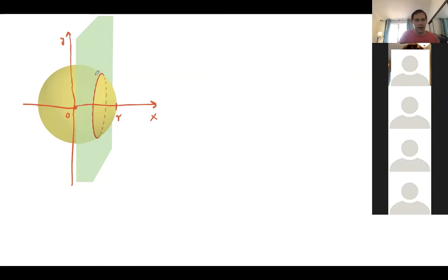And now I am looking at the corresponding cross section. Okay, question for you. Let's fix some point x in between 0 and the radius. So here's 0, and here's the radius.